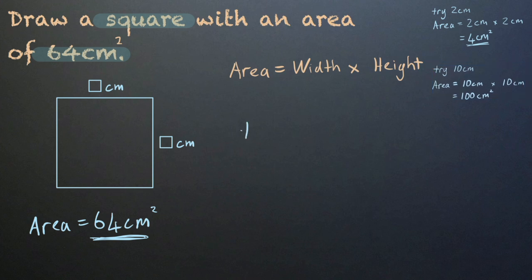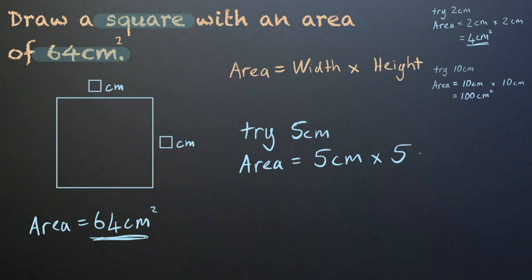Let's try 5 centimeters. So that would give us an area equal to 5 centimeters times 5 centimeters. And 5 times 5 is going to be 25, isn't it?